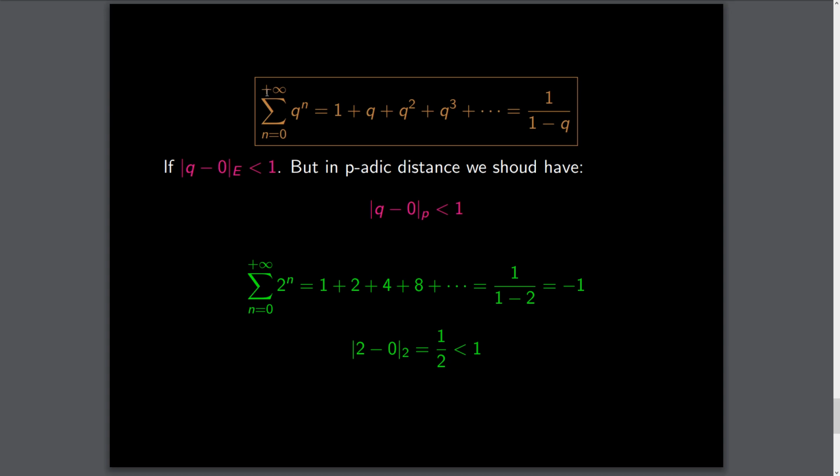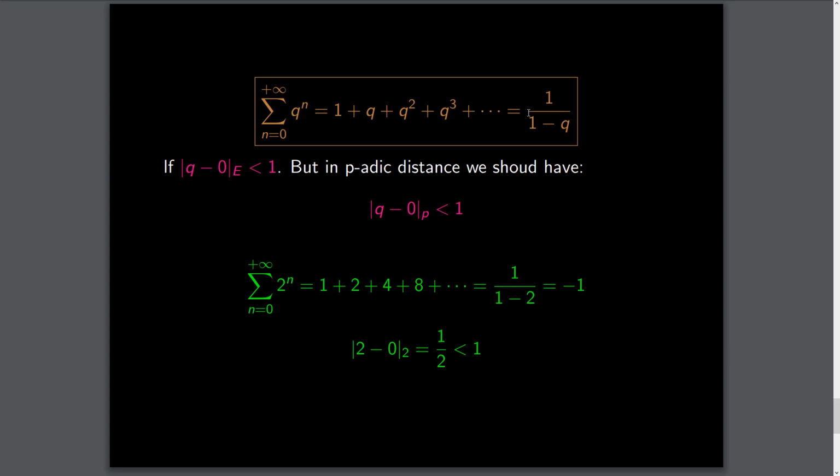And a very profound example would be the geometric series, the sum of q to the n when n goes from 0 to plus infinity. So this is 1 plus q plus q to the second power plus q to the third power plus forever and ever.